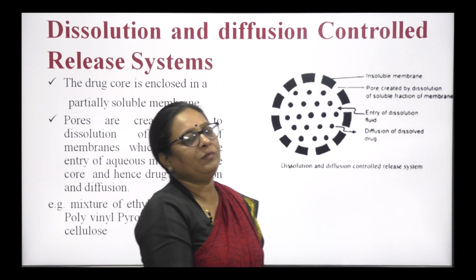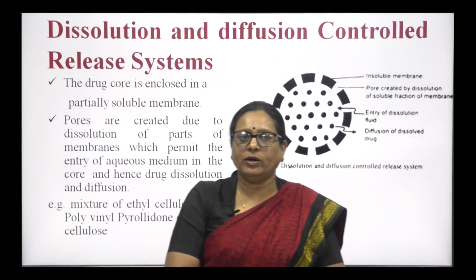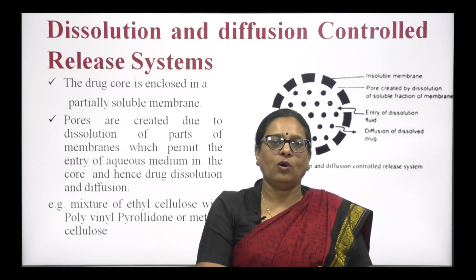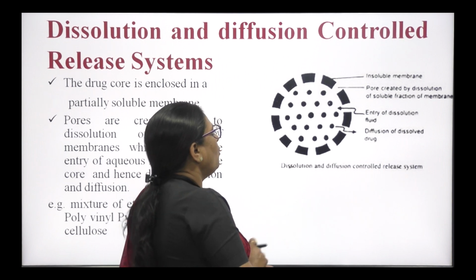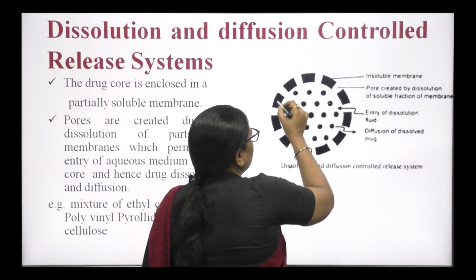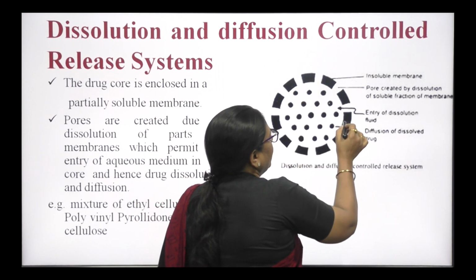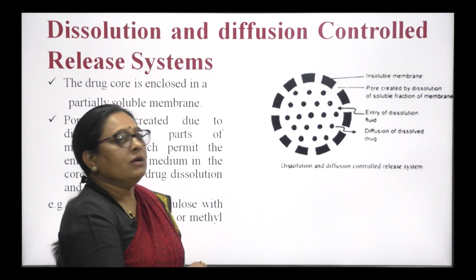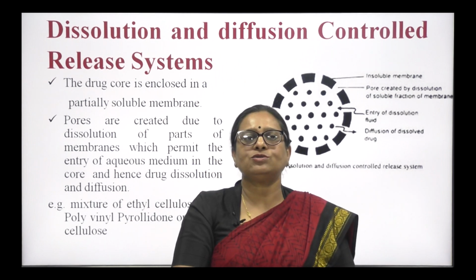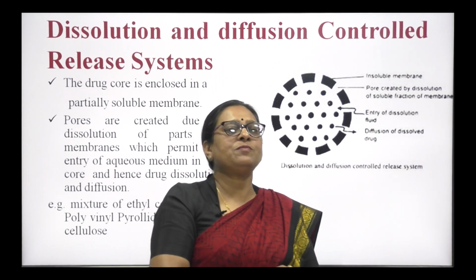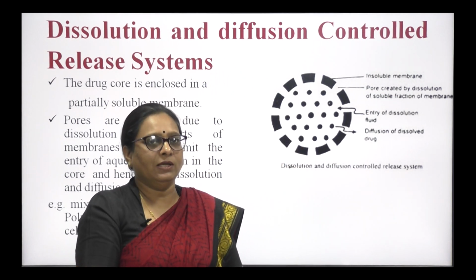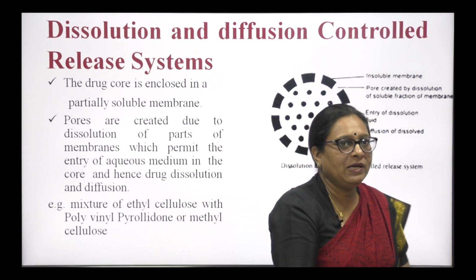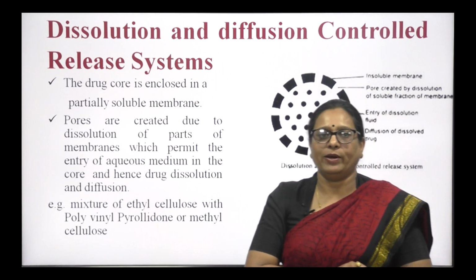When such a system containing the reservoir of drug coated with polymer is placed inside a dissolution medium or inside the body, the polymer which is water soluble will dissolve and give rise to pores in the membrane. You can see these gaps in the polymeric coat. These gaps are due to dissolution of water soluble polymers, and these pores will then act as channels, allowing the water or the dissolution medium to permeate into the drug reservoir.